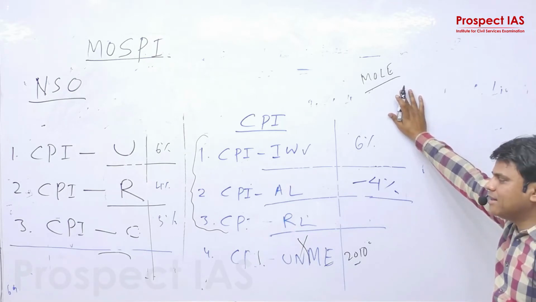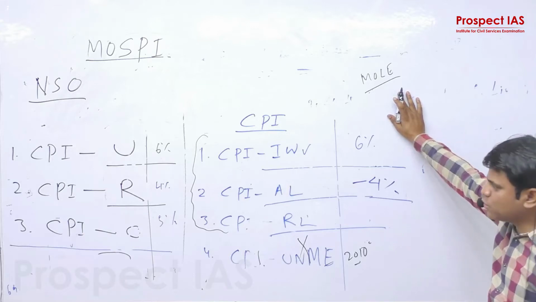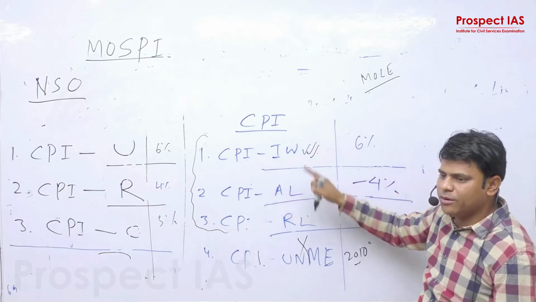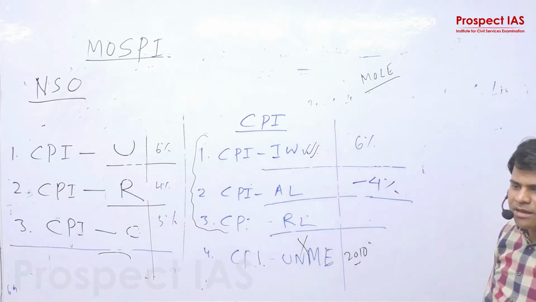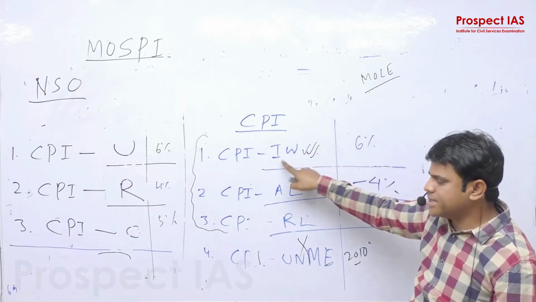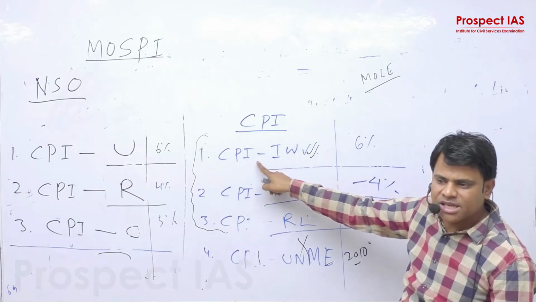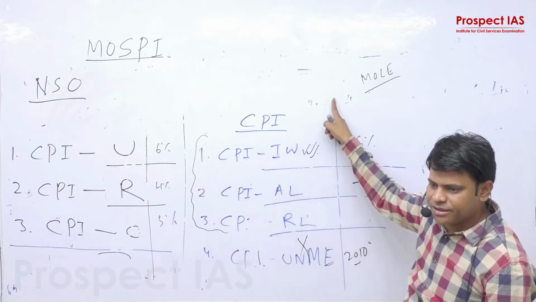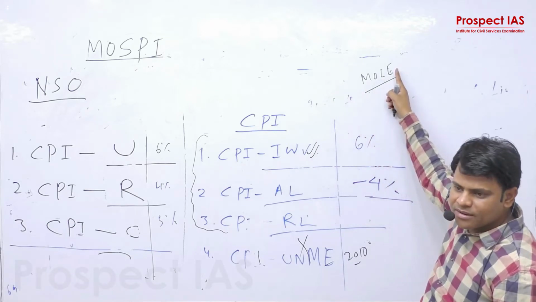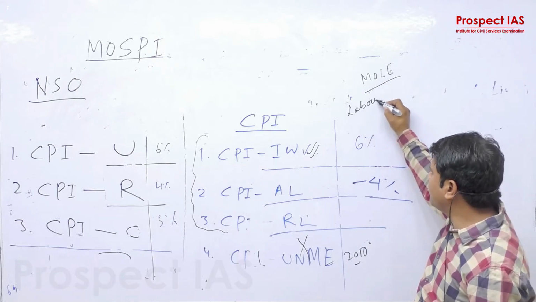And you will find that the same question has been asked by the UPSC in the year 2016. This question was asked, which department publishes CPI-IW? है ना? Department was asked, not the ministry. In 2016, UPSC had asked you the question, है ना, कि which department publishes CPI-IW, not the ministry. So the ministry is the Ministry of Labour and Employment, and there is a department under this ministry which is called Labour Bureau.